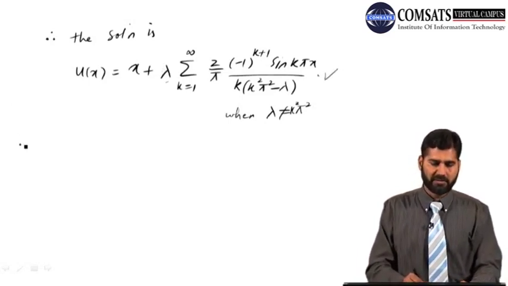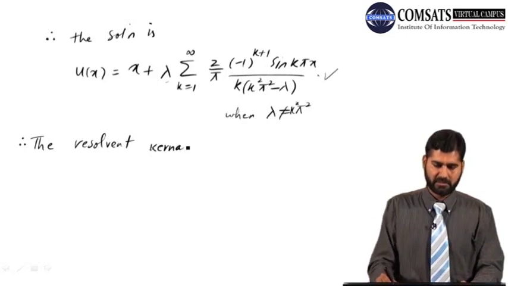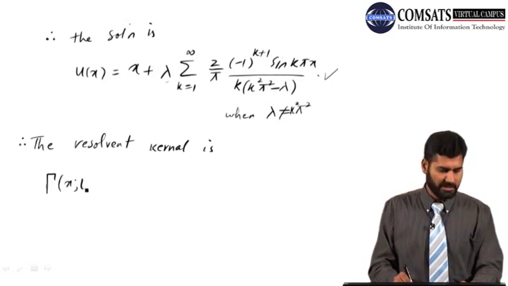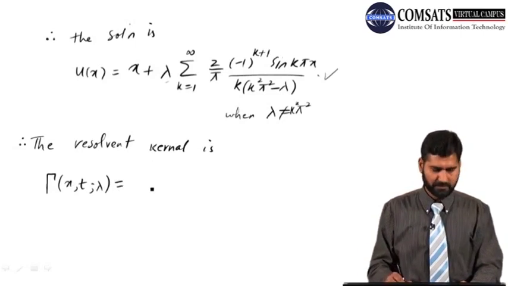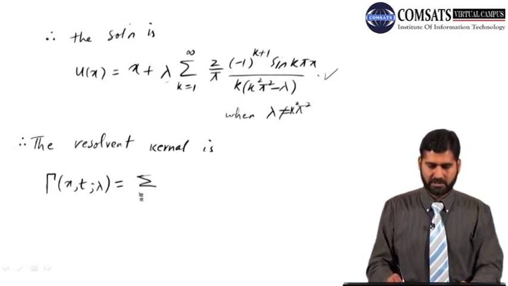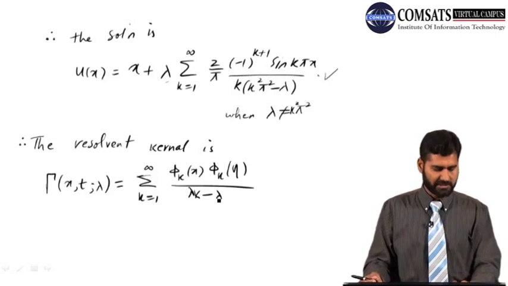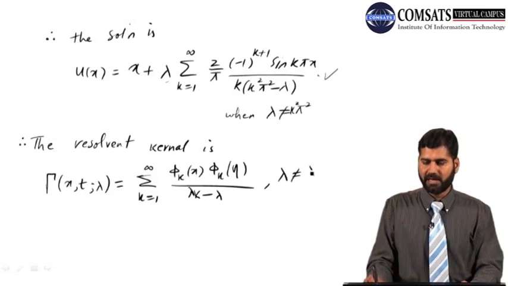And if you want to write the resolvent kernel, the resolvent kernel gamma(x, t; lambda) is summation k goes from 1 to infinity phi k of x phi k of eta over lambda_k minus lambda. This was your resolvent kernel when lambda is not equal to lambda_k.